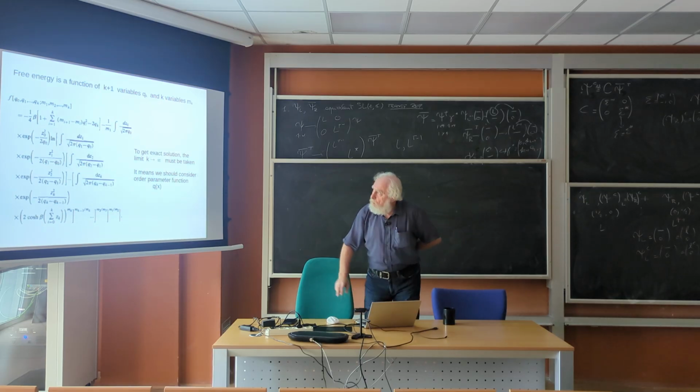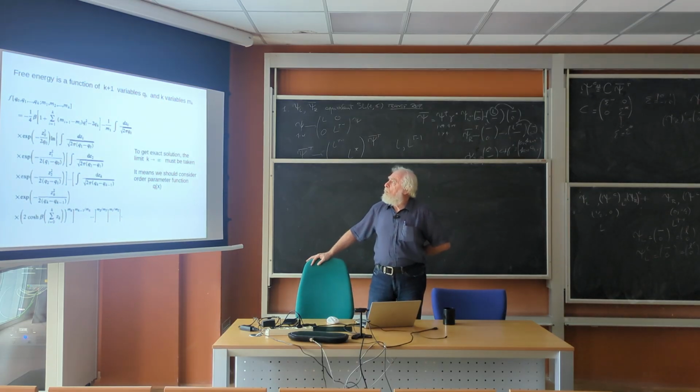So when you make this k-step replica symmetry breaking, you get some complicated expression. And the goal is to come eventually to a parametrization in terms of a continuous function.